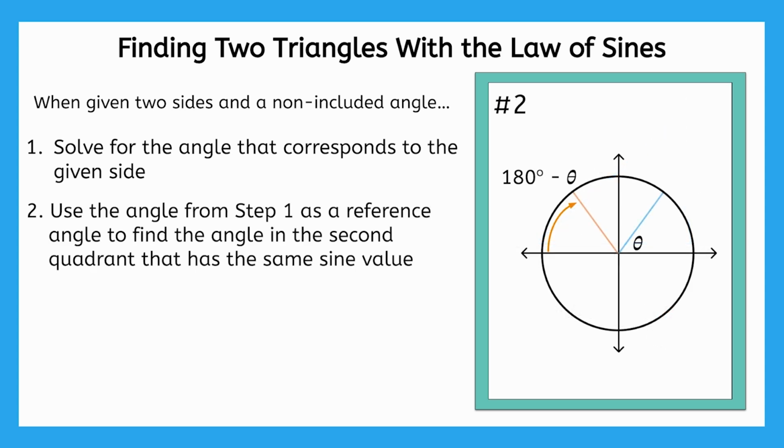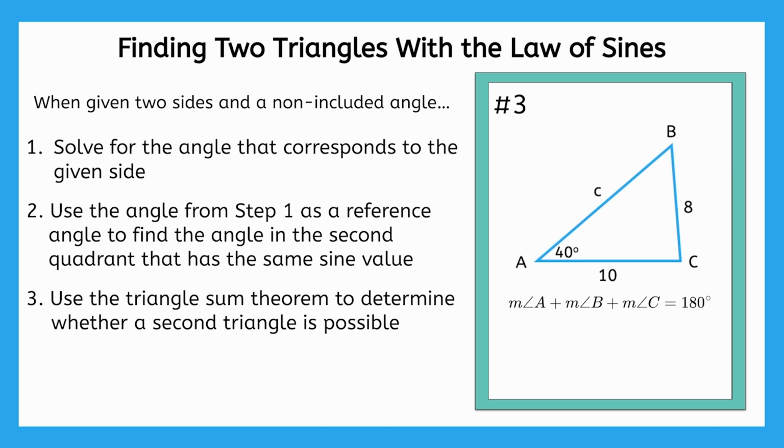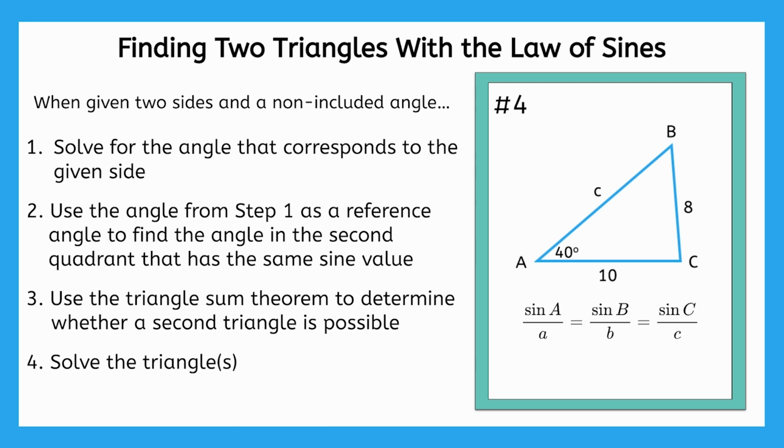Next, use the angle from step 1 as a reference angle to find the measure of the angle in the second quadrant that has the same sine value. Then, use the triangle sum theorem to determine whether a second triangle is possible. If a second triangle is possible, solve both triangles separately. If not, solve the triangle using the first quadrant angle only.